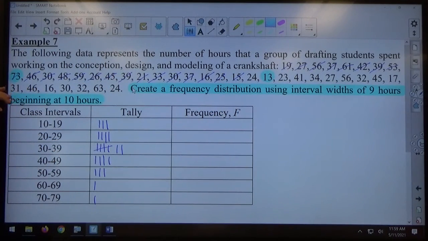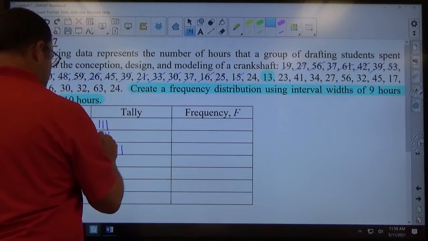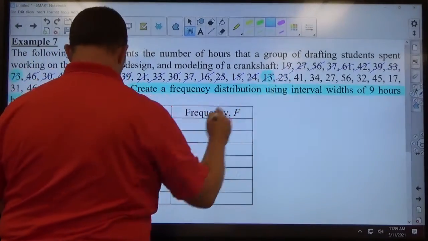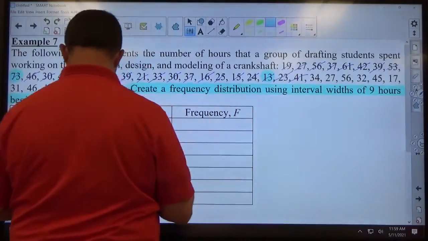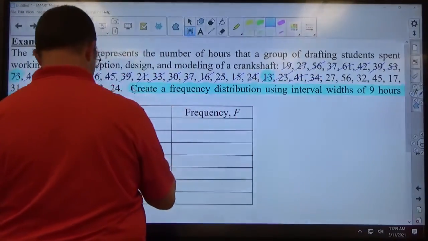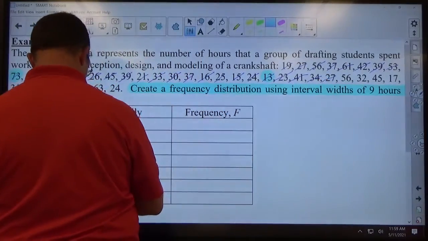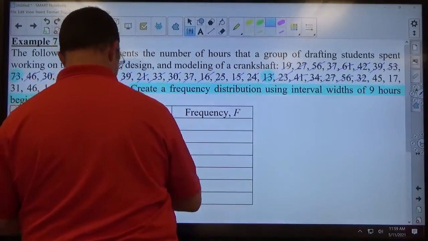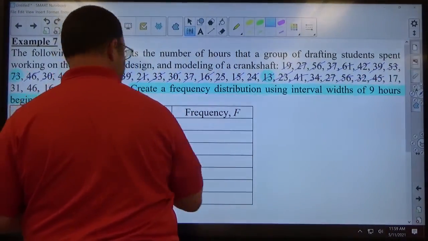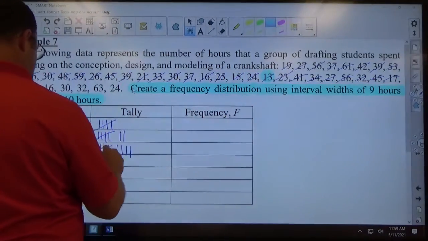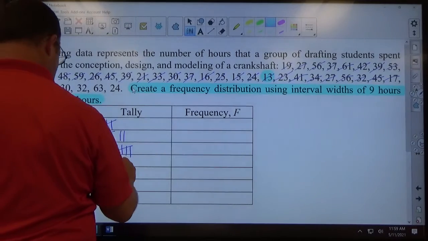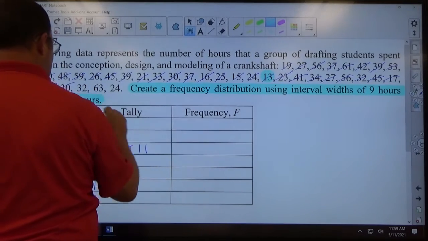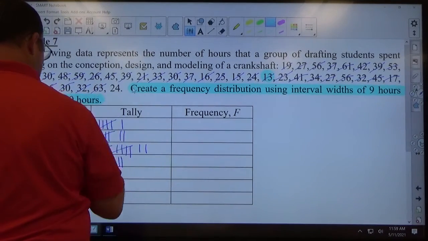It doesn't matter that 16 is bigger than 15. 24, get a 5th number in there. 13, 23, 41, 34, 27, 56, 32, 45, 17, 31, 16, 32, 63, 24.